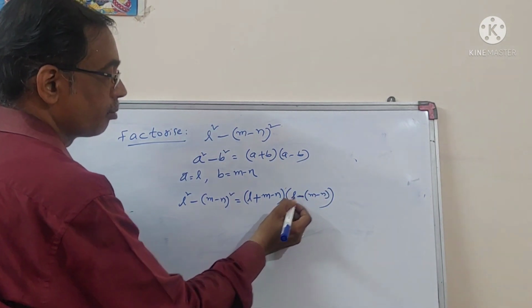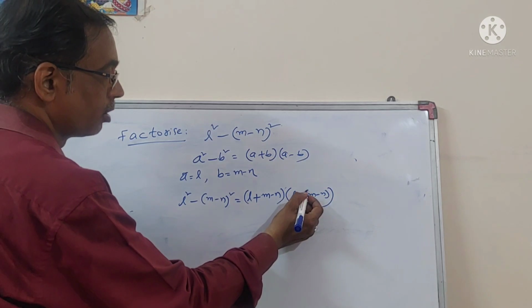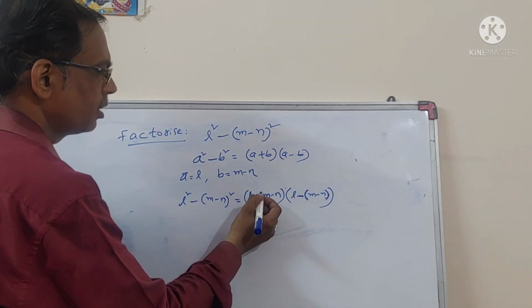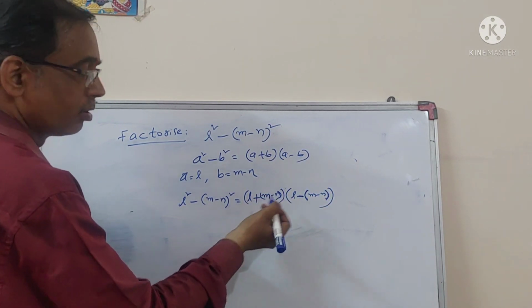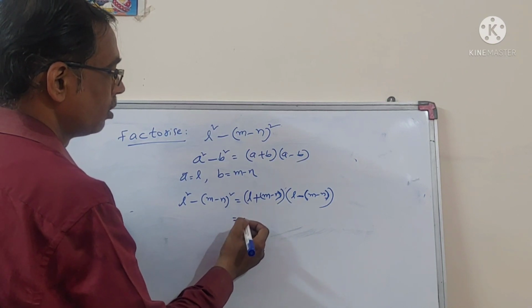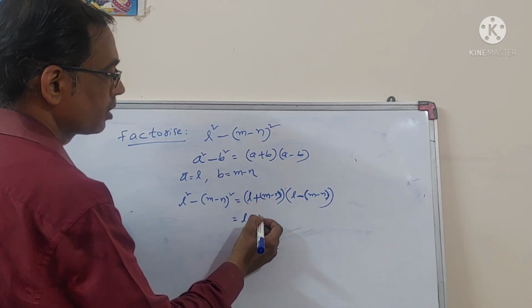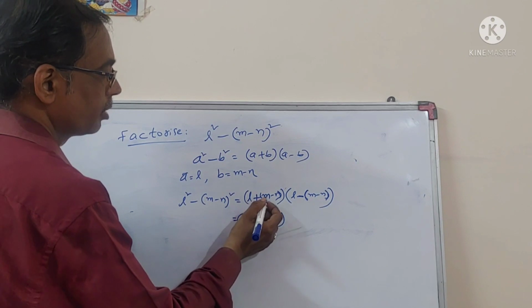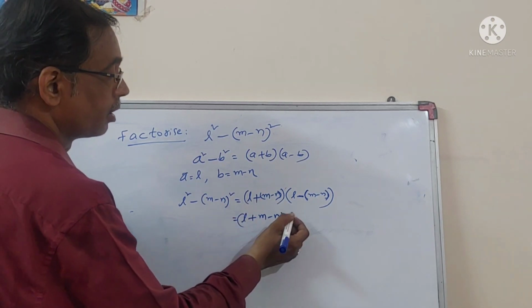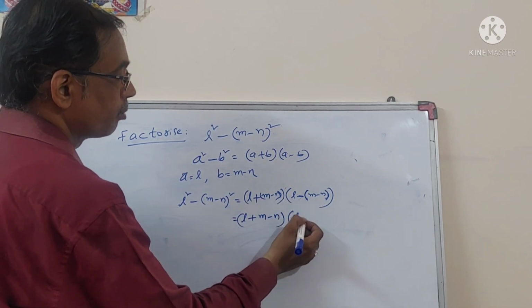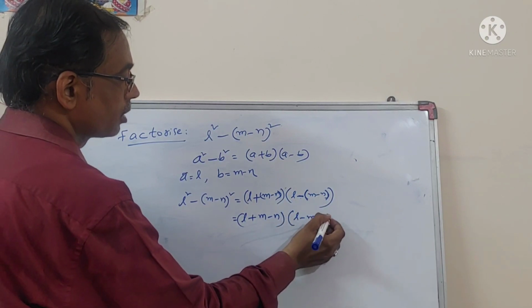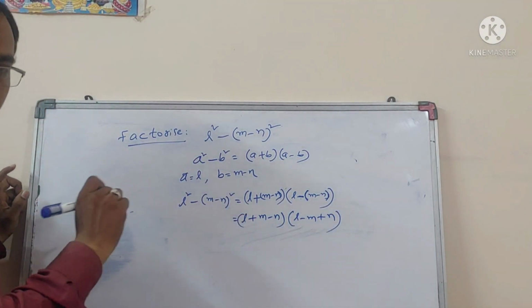Here we have minus n, so that's why we keep the bracket to m minus n. Now L plus m minus n, and L minus m plus n. Okay, this is our required answer.